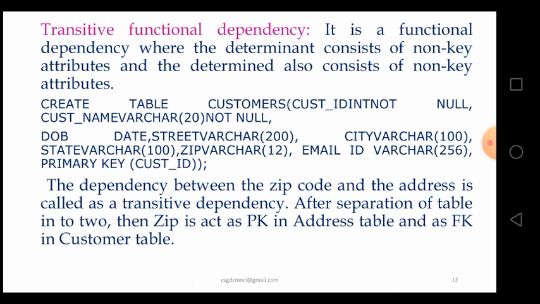Transitive functional dependency is a functional dependency where the determinant consists of non-key attributes and the determined also consists of non-key attributes.